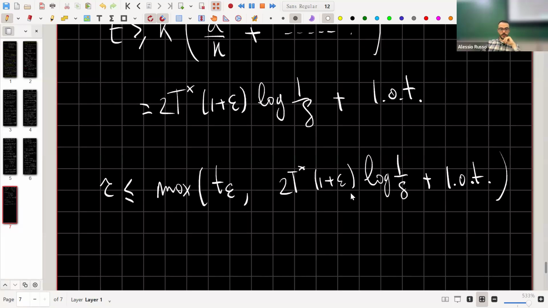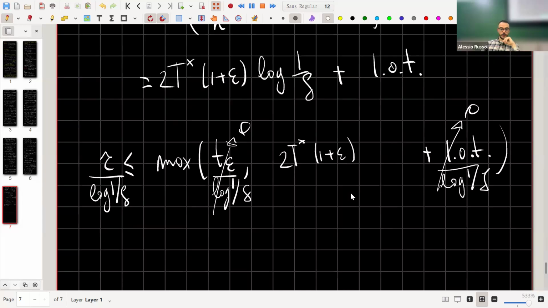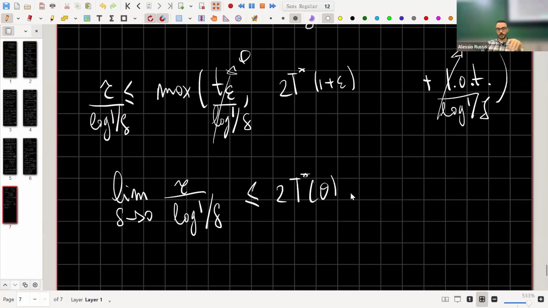So when you divide now by log 1 over delta, when you let delta go to 0, log 1 over delta will tend to infinity. This will tend to 0. This will tend to 0. And so we have just found that in the limit, the sample complexity divided by log 1 over delta is upper bounded by 2 t star theta 1 plus epsilon.